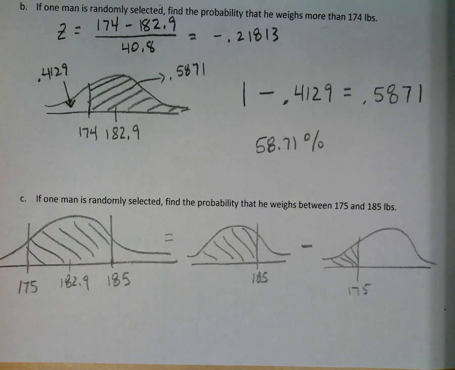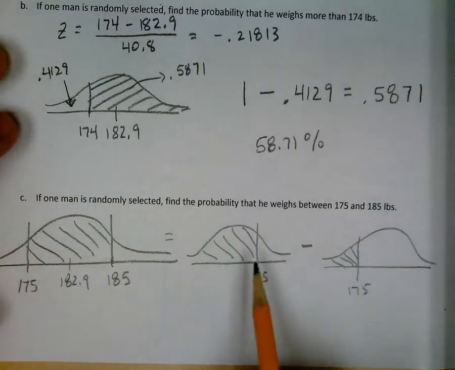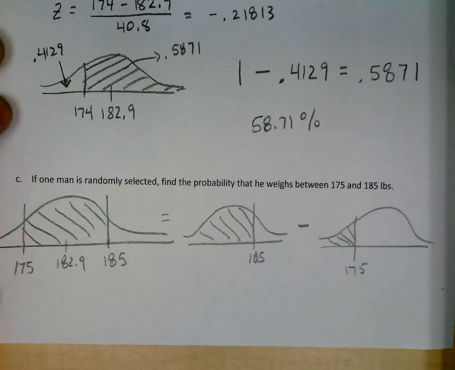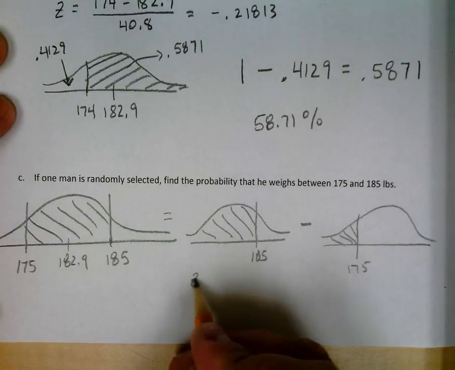So that's going to be our process for finding this solution of the in-between values, or probability. So let's first find the probability that it's less than 185. So once again, we need to use a z-score.